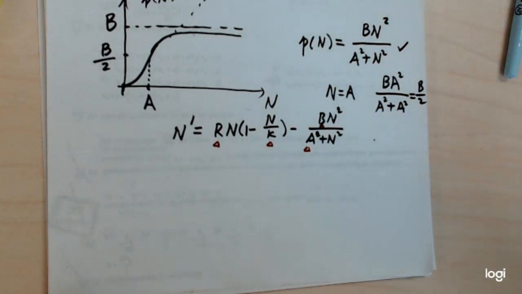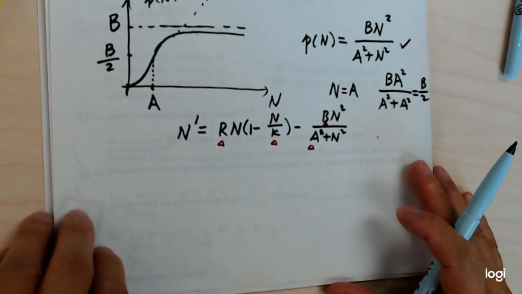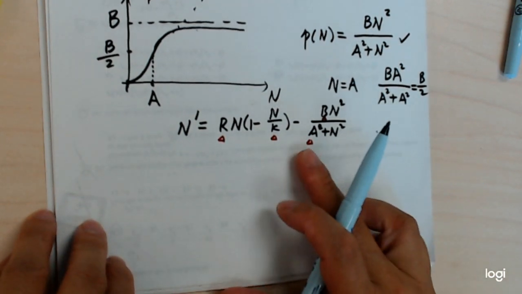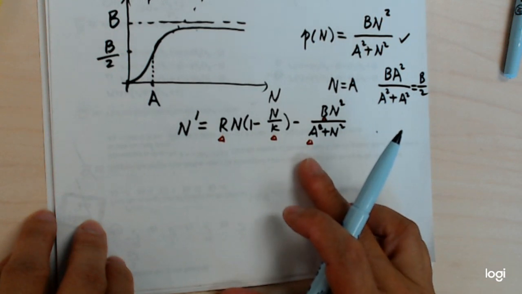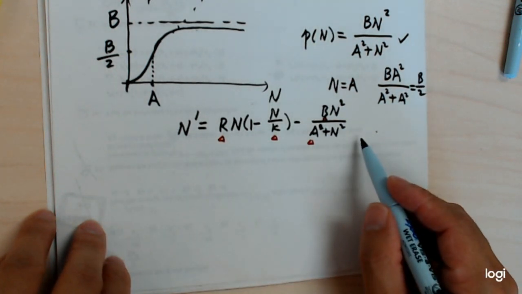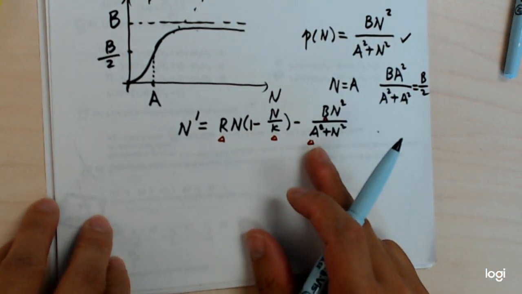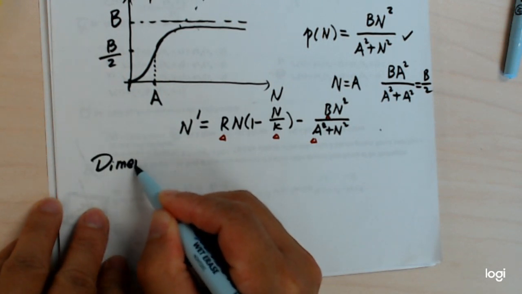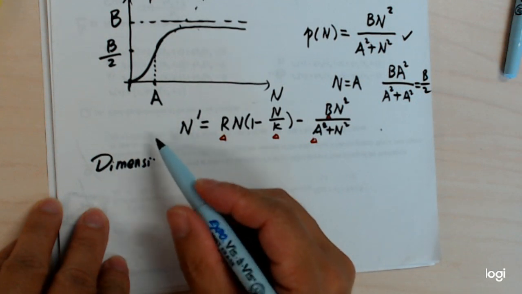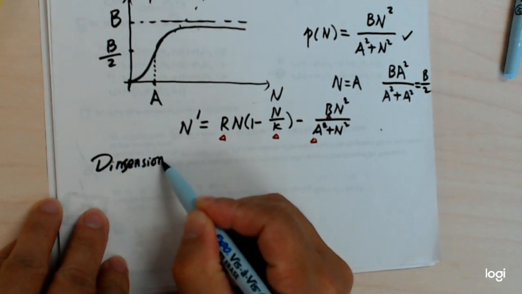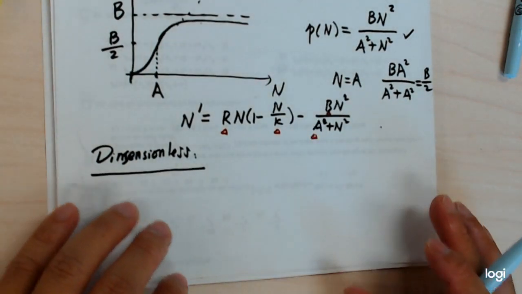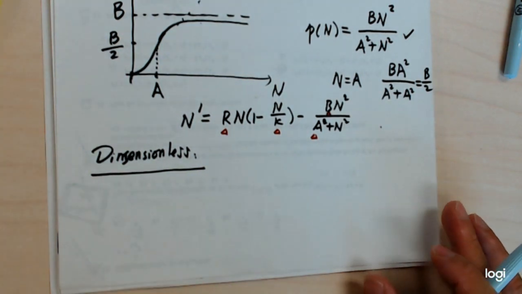So one thing that we commonly do in the analysis of this ODE model is we try to nondimensionalize the equation, to eliminate some of the parameters here. So here we're trying to create a dimensionless equation by introducing some new variable here.